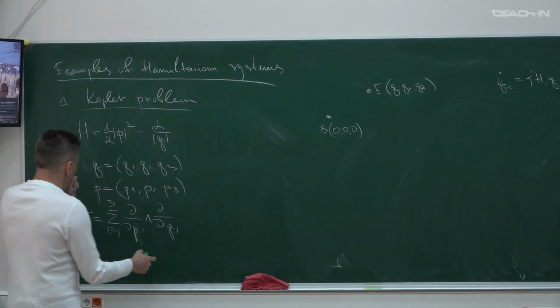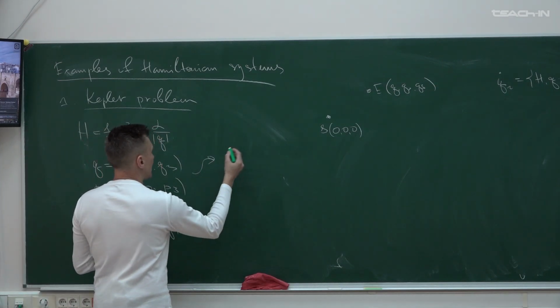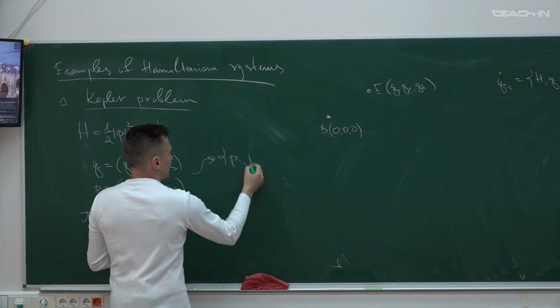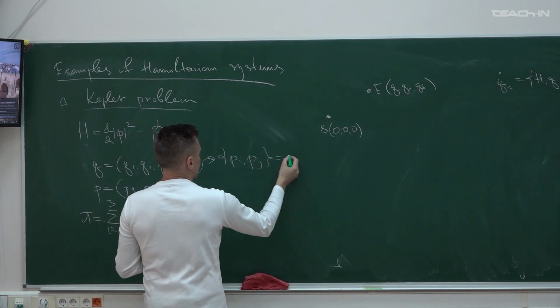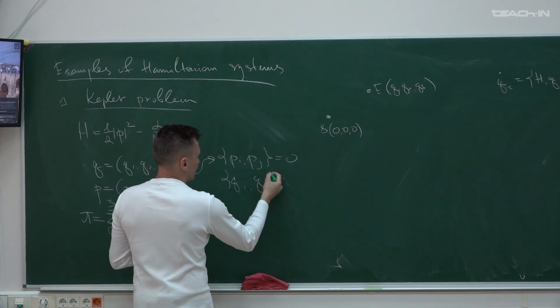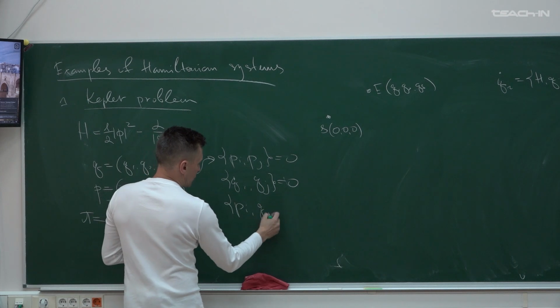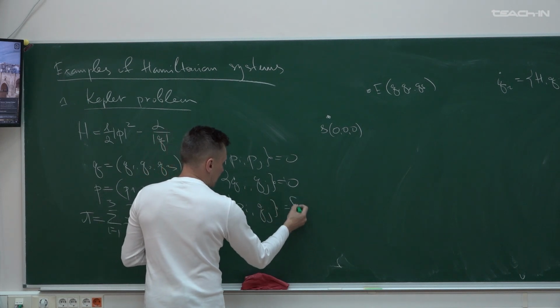This Poisson bivector means that {p_i, p_j} is equal to 0, {q_i, q_j} is also trivial, and {p_i, q_j} is delta_ij.